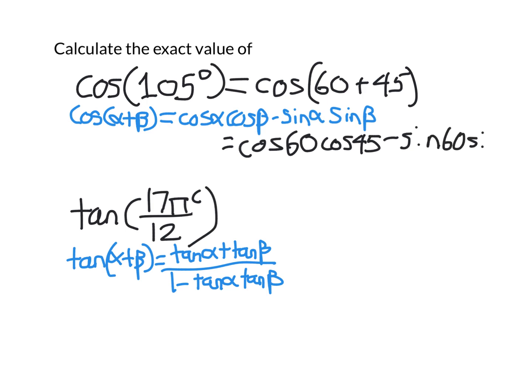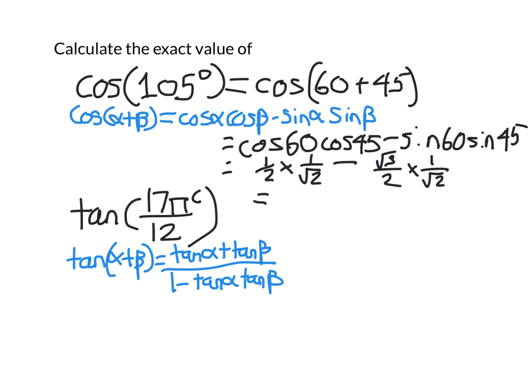Now we already know all these exact values. We know that cos 60 is equal to a half, cos 45 is equal to 1 on root 2, minus sine 60 is root 3 on 2, and sine 45 is also 1 on root 2. So what we can do here is make these things into one fraction.